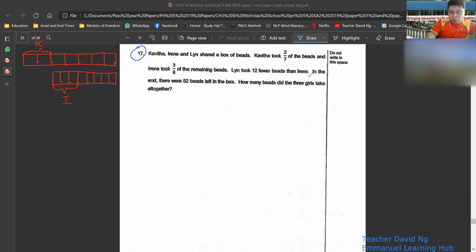Lynn took 12 fewer beads than Irene, right? So this is Lynn. Then this is 12. Agree? Wait, Irene is 3.